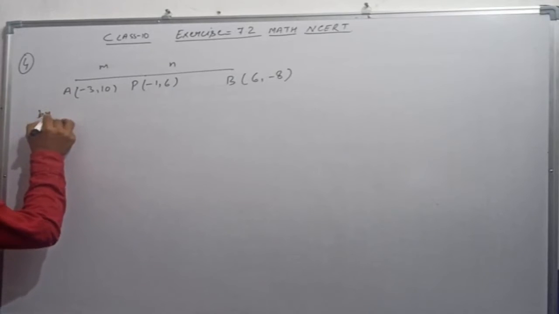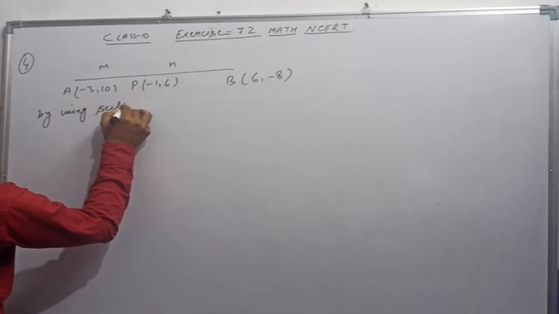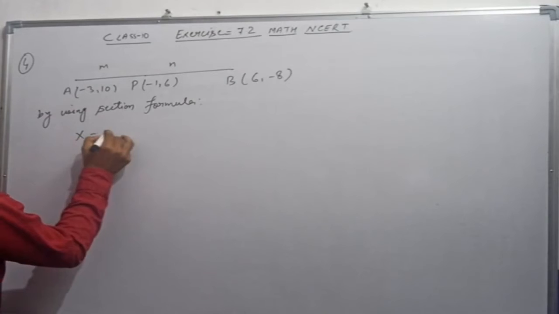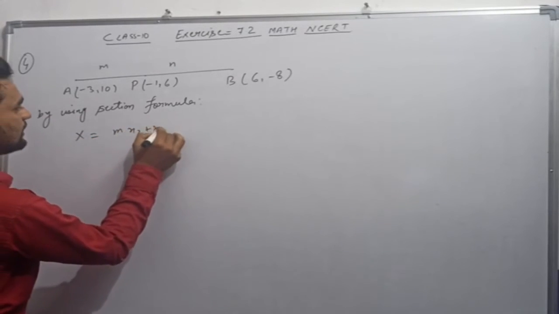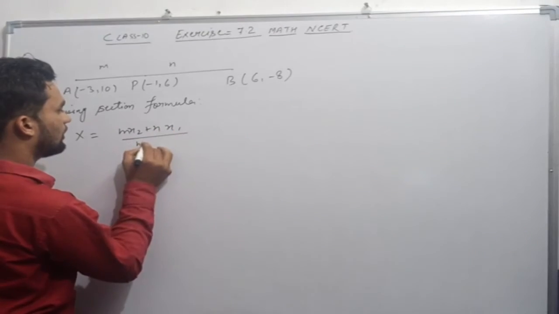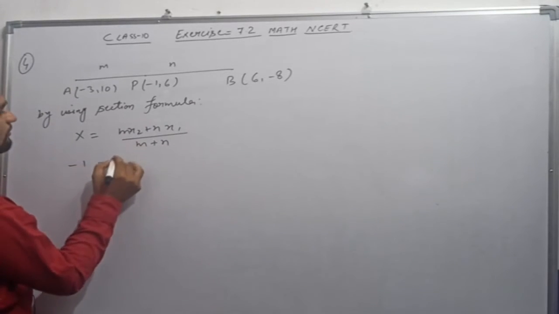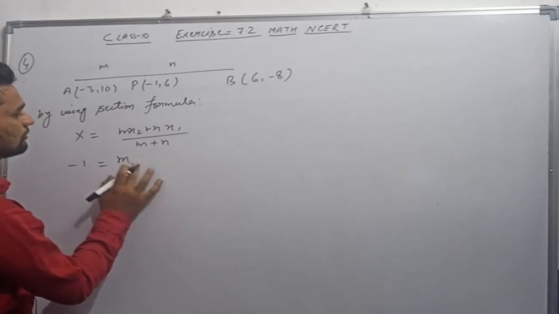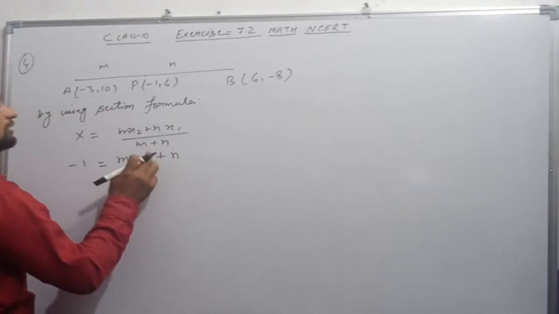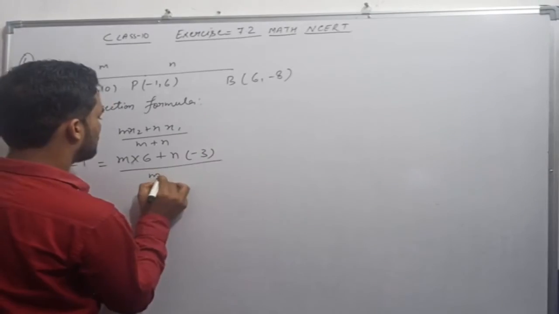So by using the section formula, x equals (m x2 plus n x1) upon (m plus n). So the value of x is minus 1, equal to m, let it be m, into x2 which is 6, plus the value of n, let it be n, and the value of x1 is minus 3, upon m plus n.